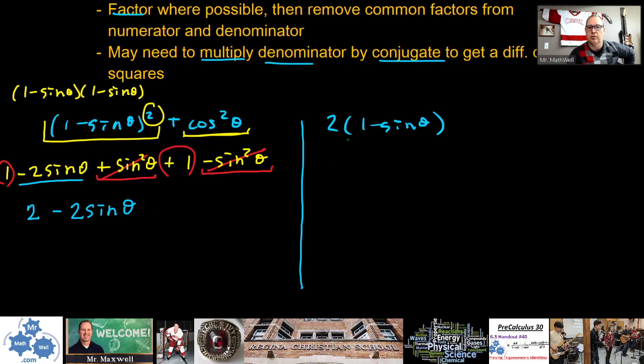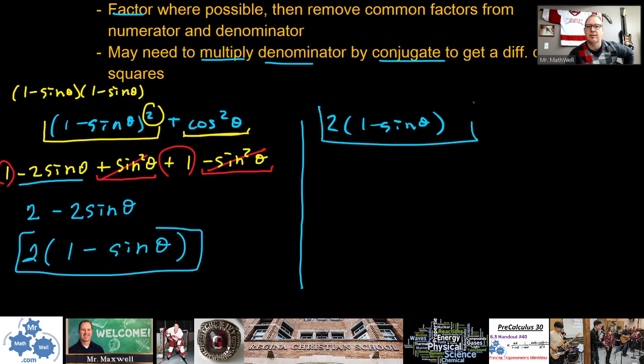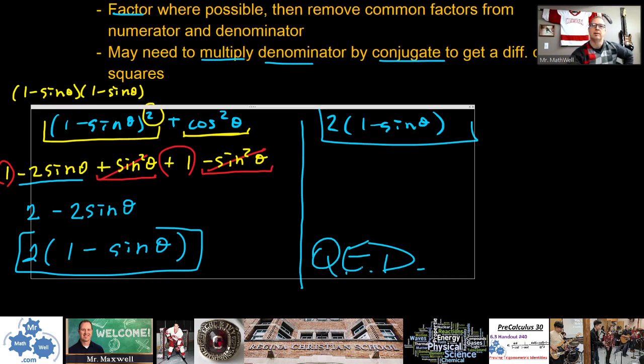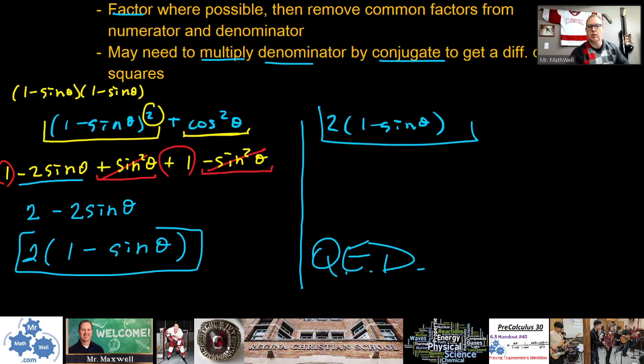Boy, I'm really close. I see, if I factor a 2 out and show this as 2 times 1 minus sine theta, that's exactly what I have on the other side. Okay? And I am done. Quod erat demonstrandum. That which was to have been demonstrated. Okay? Any questions about that?